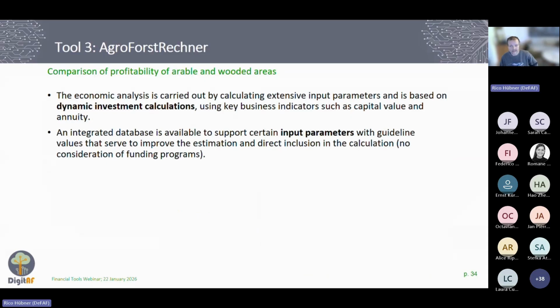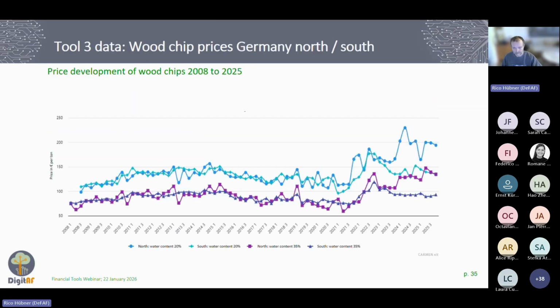So, as I said, it's a dynamic investment calculation, and we are using some very standard economic indicators like the capital value and the annuity, which tells you an annual payback discounted over the years. And this integrated database is one of the limitations. Of course, now it has a lot of German data, but as you can put in your own parameters, it's also adaptable to other regional contexts.